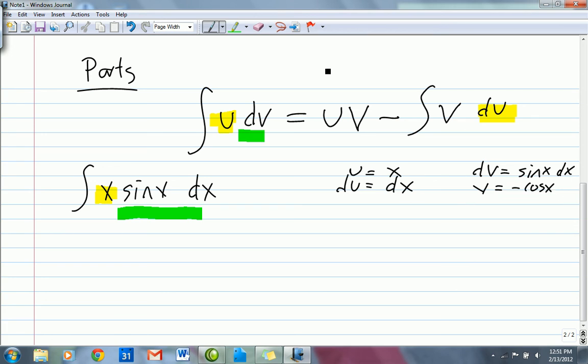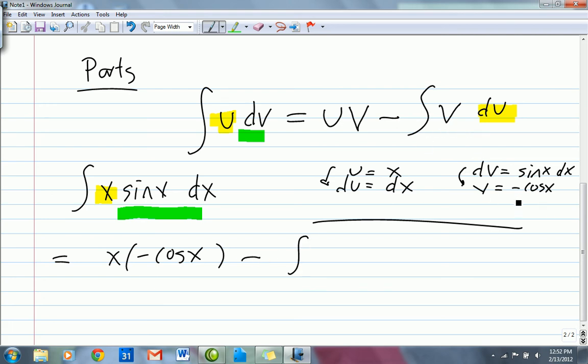Again, recall, to go from u to du you differentiate, to go from dv to v you integrate. Derivative, antiderivative. Now I have my little chart over here, so I'm just going to plug it back in. That's equal to u times v. My u is x, my v is negative cosine x, so x times negative cosine x, minus the indefinite integral of v, negative cosine x, times du.